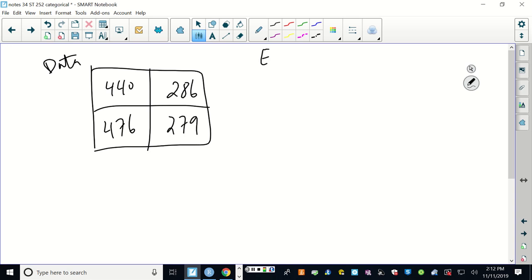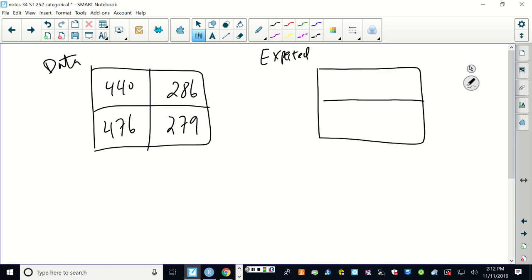Our expected table under independence, if we take the proportion times the total, it's going to be 448.8. You don't have to round to an integer for expected values. They can be decimals. It's best to keep them as decimals to some degree of accuracy.